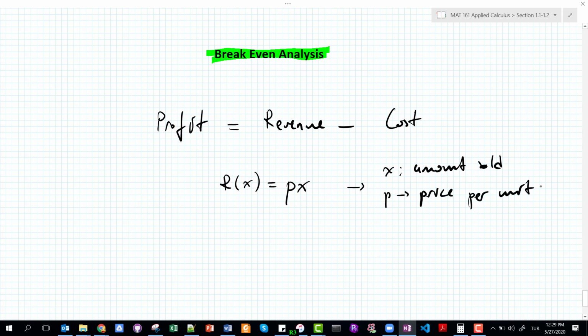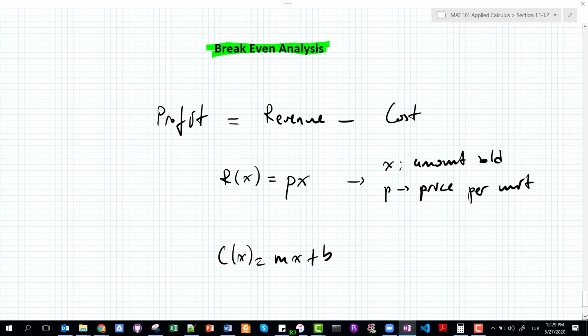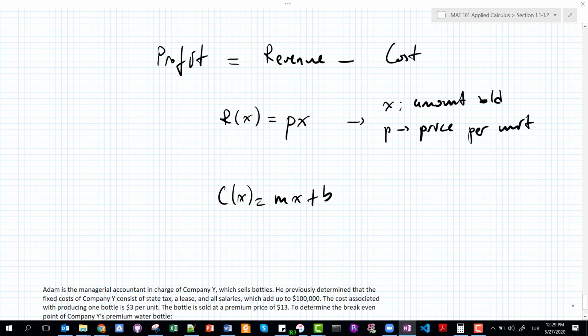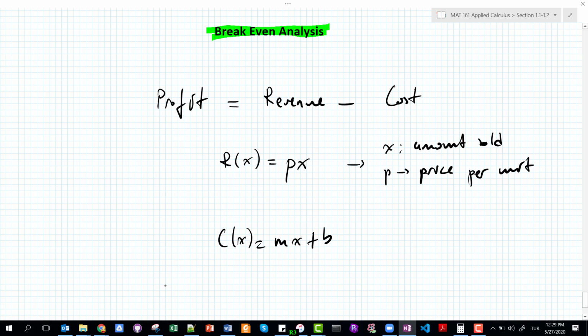So in real life, we calculate the revenue in this way, and the cost was equal to mx plus b. We have learned that before. So look at that. My profit function will be equal to revenue minus C(x).